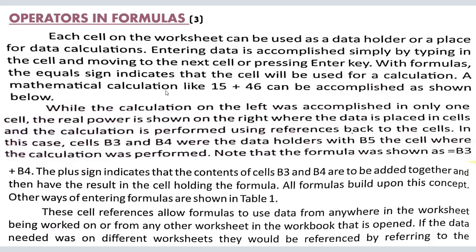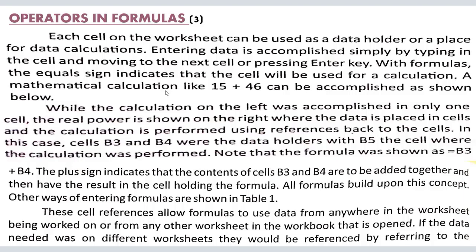That I will show you when I demonstrate the example in the Excel sheet. The plus sign indicates that the contents of cells B3 and B4 are to be added together and the result placed in the cell holding the formula. All formulas build upon this concept. Other ways of entering formulas are shown in the table. That table also I will show you.